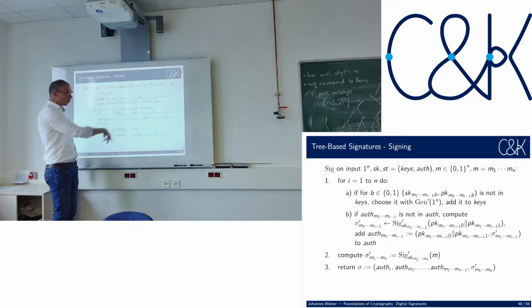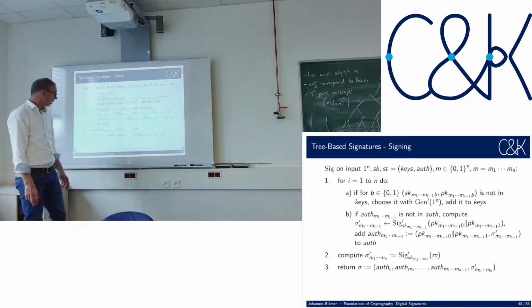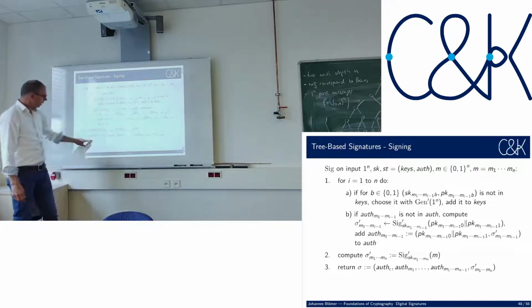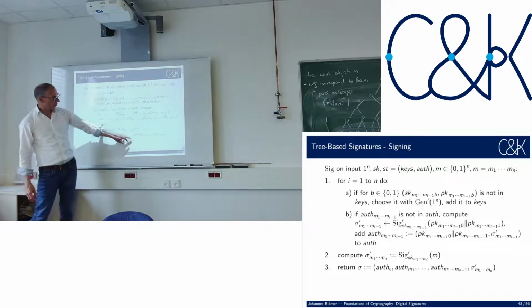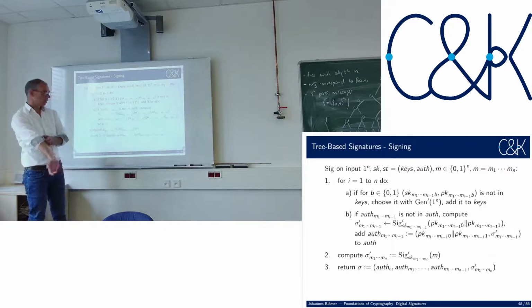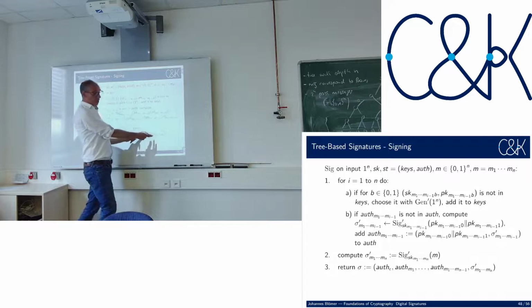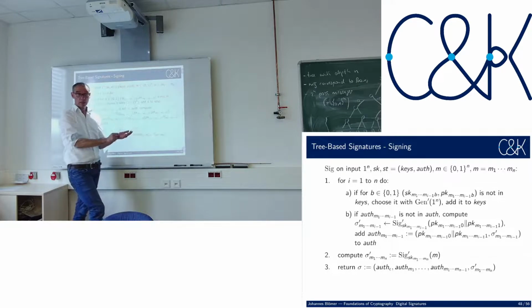And eventually you compute the signature at the top. And the authentication of the signature consists of all these authentications that you need. These are all the nodes on the path to that leaf.